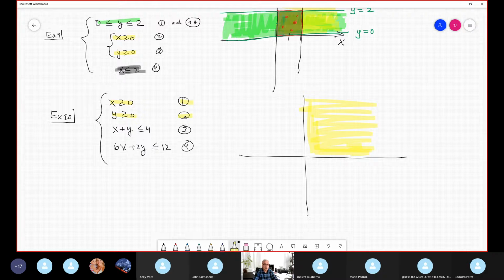Now, let's move on to number 3, which is x plus y less than or equal to 4. You solve for y less than or equal to minus x plus 4.